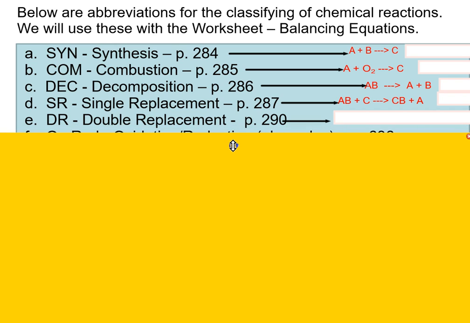Anyway, double replacement. That's where we're switching partners and dancing. This is what we did in that lab, that beautiful lab where we had the acetate and all the things that we reacted together, 72 reactions, and they had all kinds of different colors. All of those except the carbonate one with calcium carbonate and hydrochloric acid.